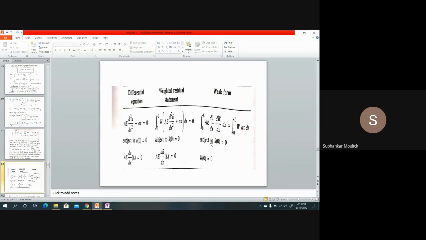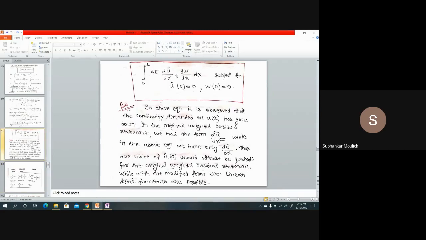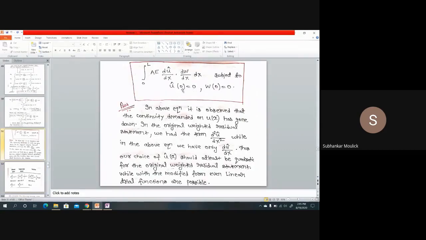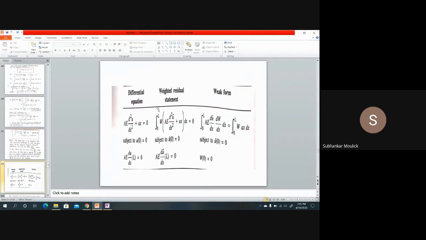And what is your weak form? This expression is your weak form, in which u cap of 0 is equal to 0 and the weighted function will be 0 when x equal to 0. So these are the three different forms.